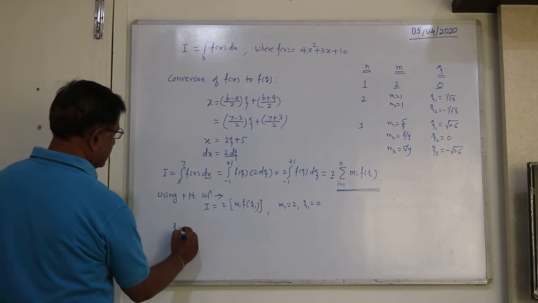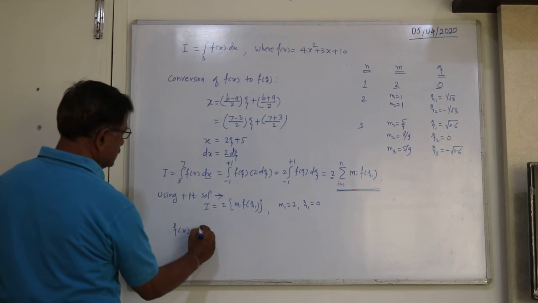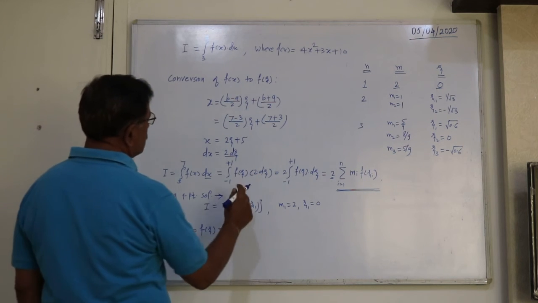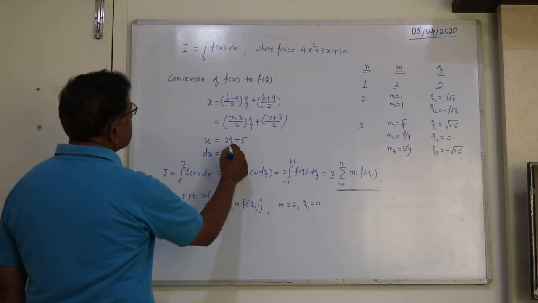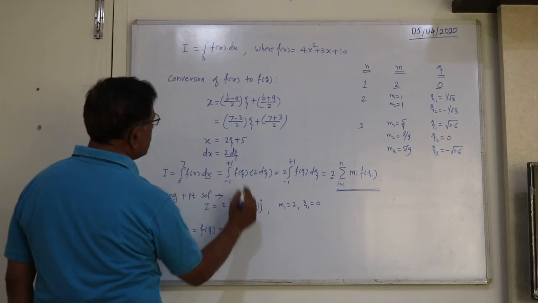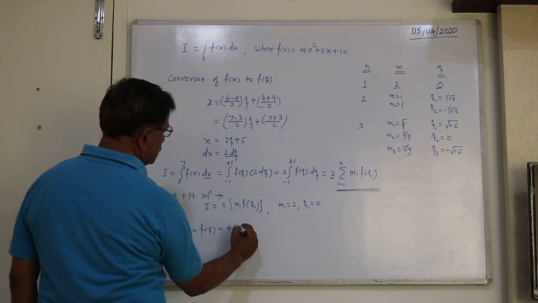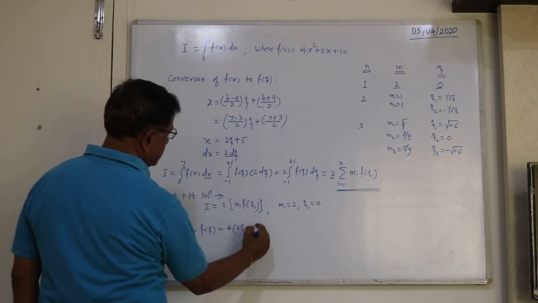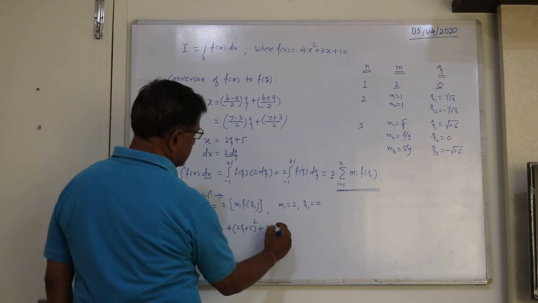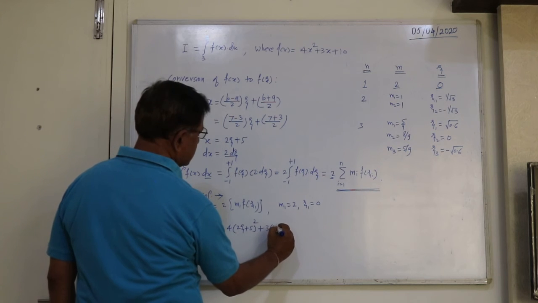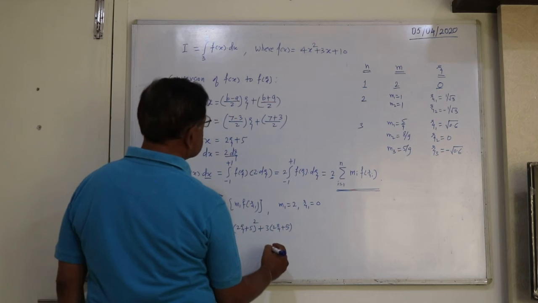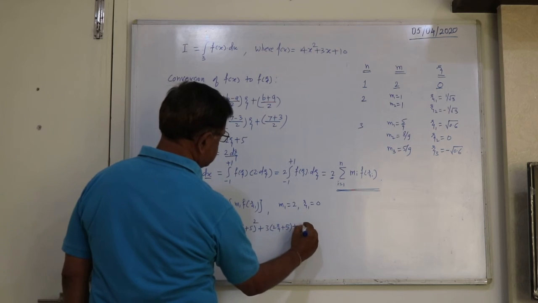f of x equals f of xi. So this is equal to 4 into x squared, where x is 2 xi plus 5, bracket squared, plus 3 into 2 xi plus 5, plus 10.